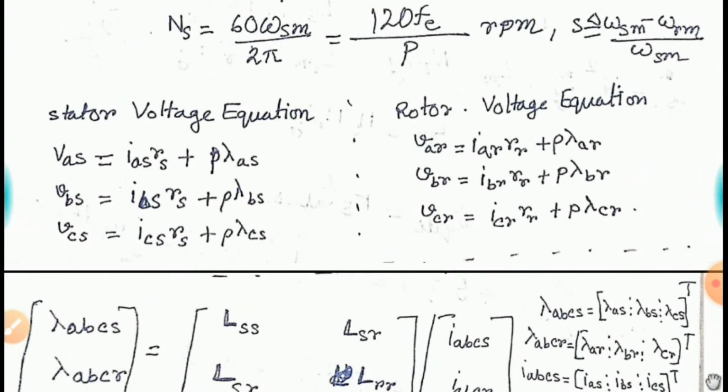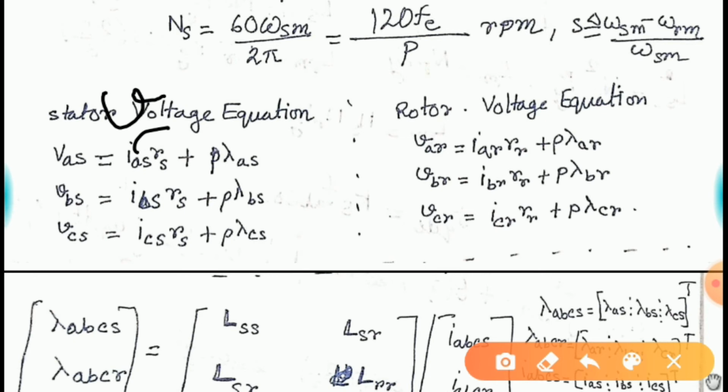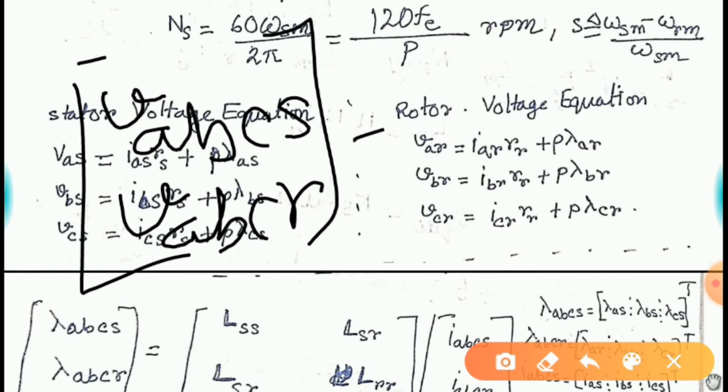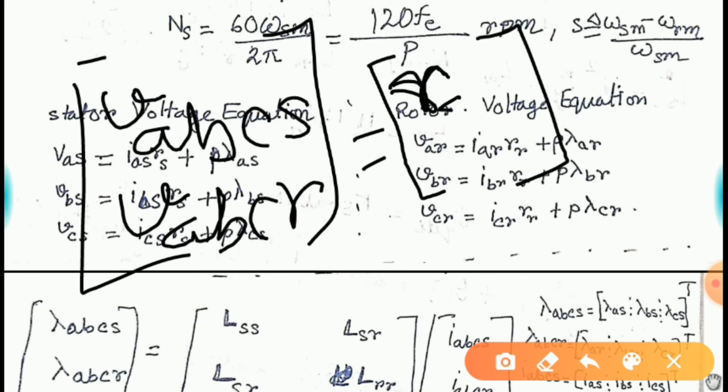The voltage equation can be written as: there will be a diagonal matrix, this is a diagonal matrix with all diagonal entries equal to RS, and this is a diagonal matrix with RR.